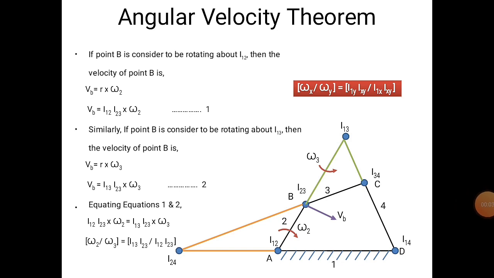So where x, if you are going to take as 3, you can take y as 4, or if you are going to take x as 2, you can take y as 4. So you can make such a combination according to the known values and the unknown to be found out, and you can find the angular velocities of any unknown link by using this ratio.